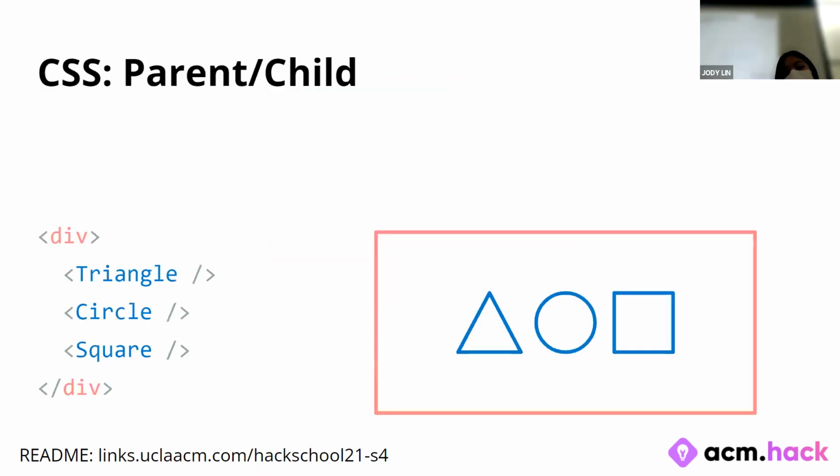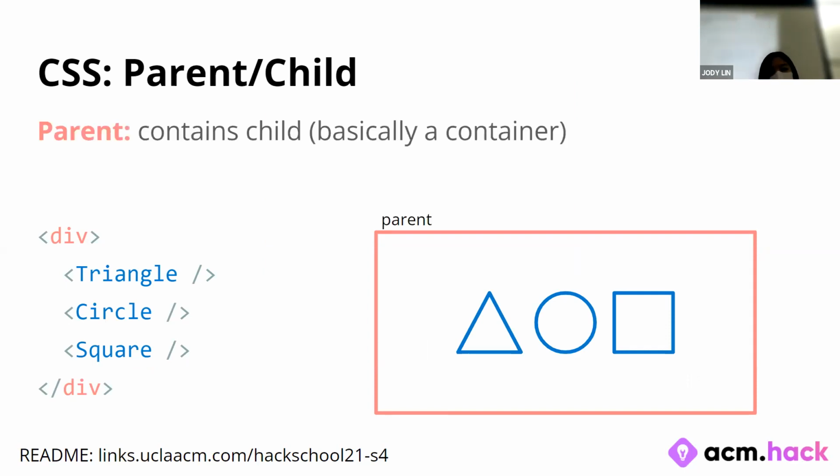All right, so real quick, what is the parent-child relationship? Let's say I want to recreate the card from Squid Game. It's a rectangle with a triangle, circle, and square inside. Of these, what is the parent and the child? Well, the parent is the element that contains other elements. In this example, it's the div, which is in pink here, and it's also just a box here. Imagine there's styling, it's just on some other page.